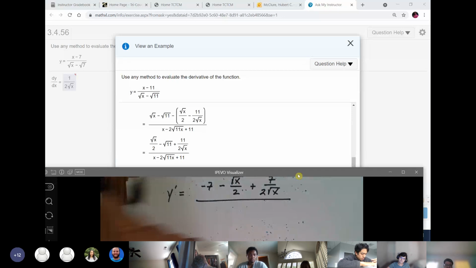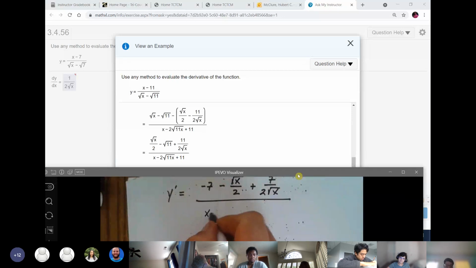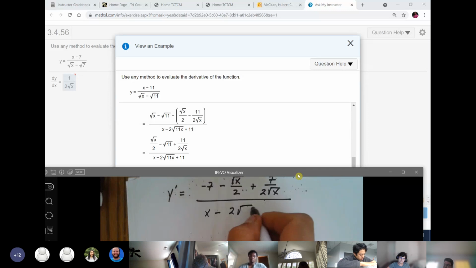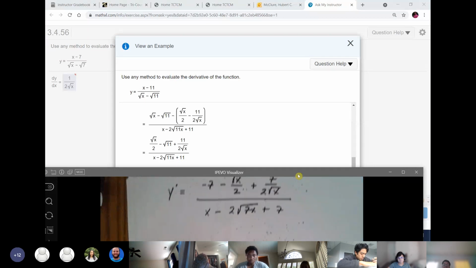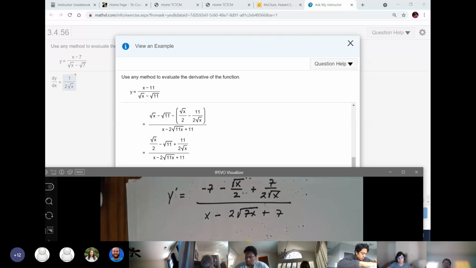We got x minus 2 square root of 7x plus 7. So we got very similar to what they have, except the numbers are different.